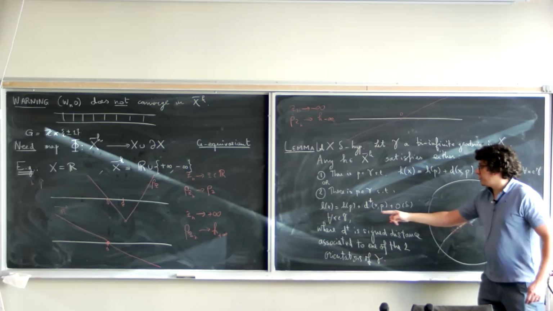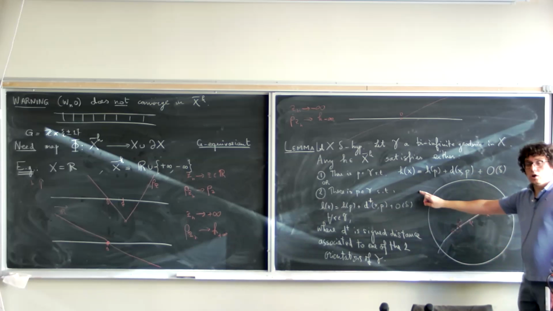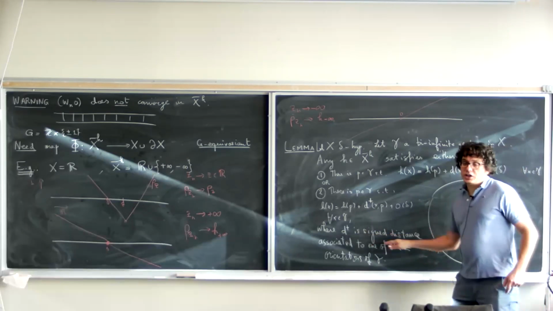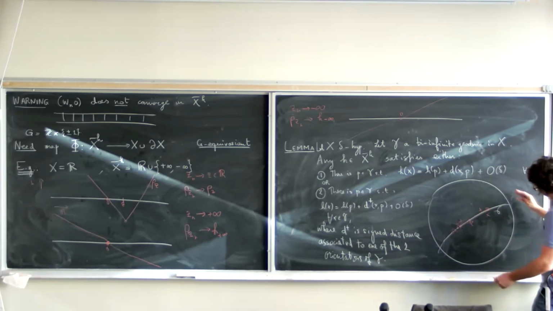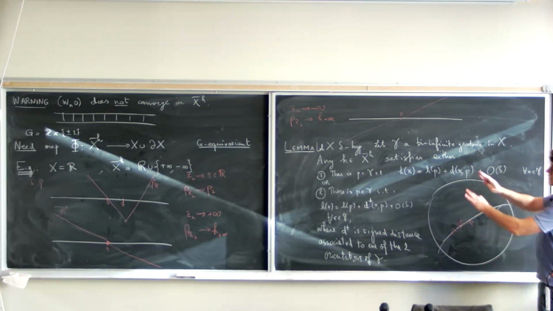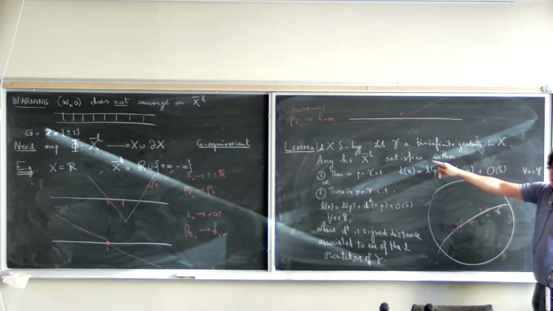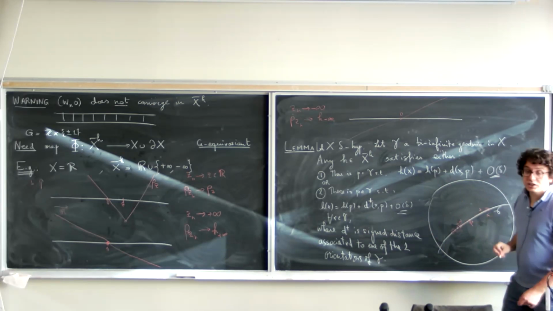Whatever we choose for p is not really that relevant for the second case, because we pick some point and then we know that the function is going up along the geodesic. It could go up along the geodesic this way or the other way. That's why we say one of the two orientations. So basically the same thing that happens for R happens for any delta hyperbolic space. So here we use the delta hyperbolicity. In fact, this O of delta is very much related to the hyperbolicity of the space.